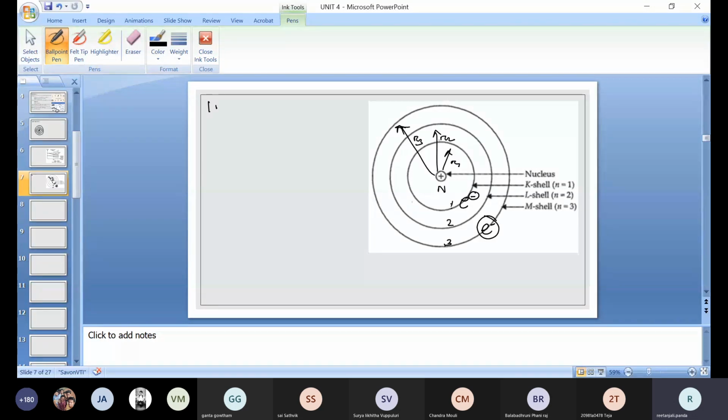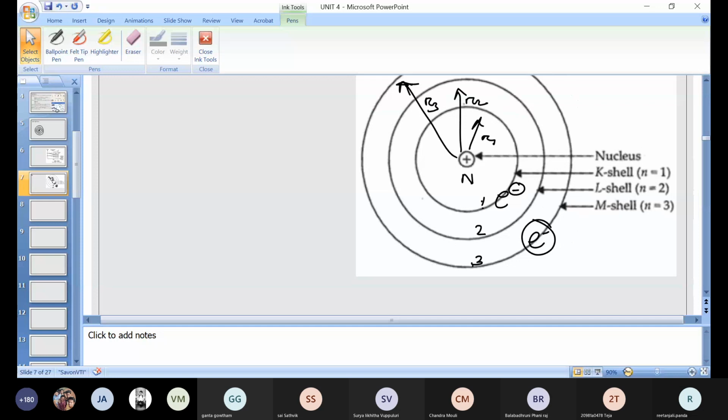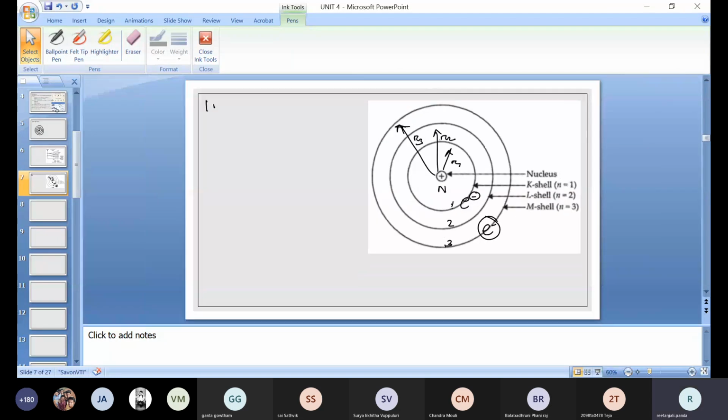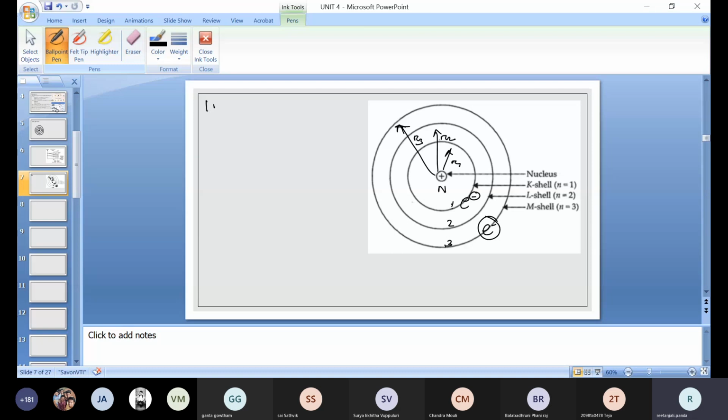Okay, so this is because of the attraction force between the electron and the protons present in the shells. This is the first postulate. So the first postulate is defining the orbit, or energy level.